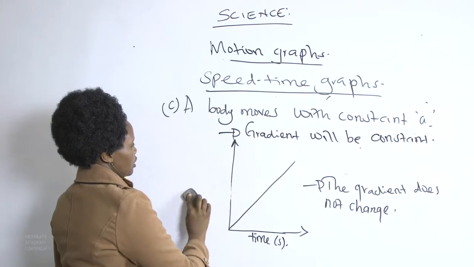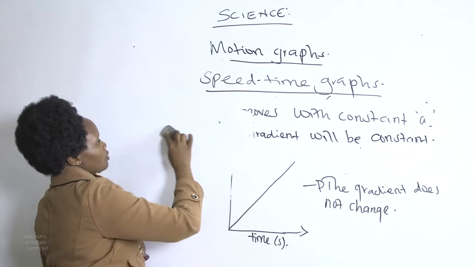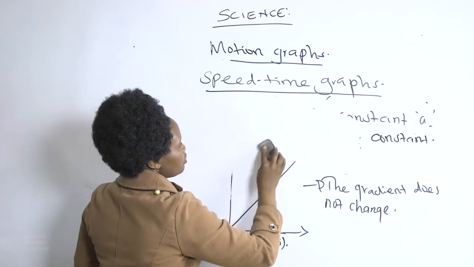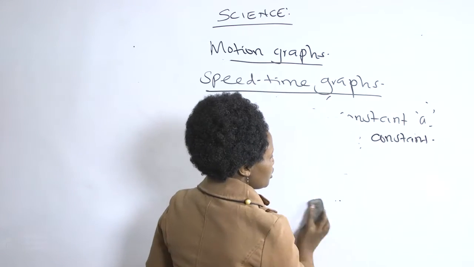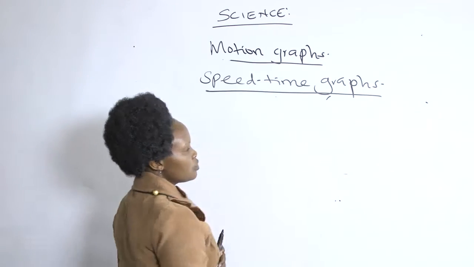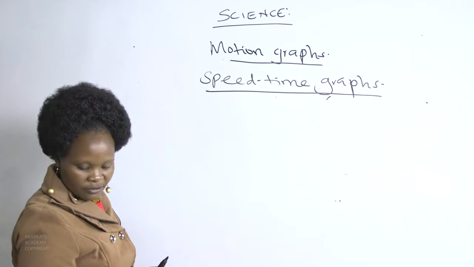How about a body that is decelerating uniformly? A body that is decelerating uniformly is also supposed to have a graph.